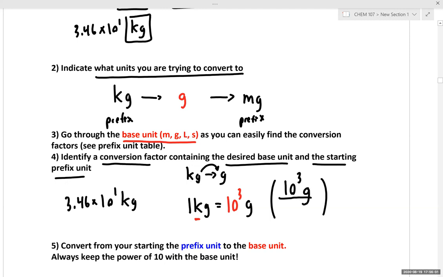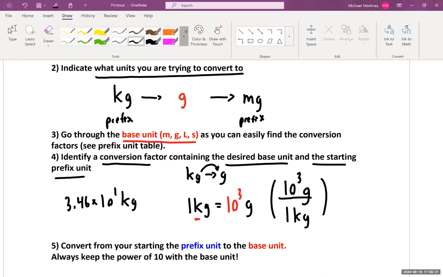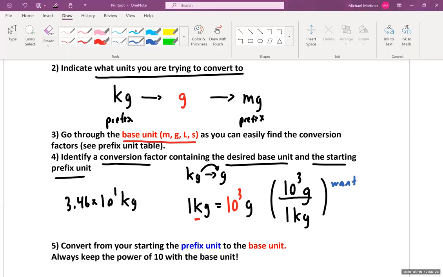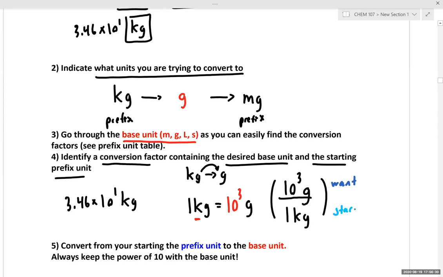If I'm going from kilograms, what goes on the bottom? If I want to get rid of kilograms, kilograms goes on the bottom. So in general, when you're setting up your unit conversion factor, you put what you want on top and what you're starting out with on the bottom.